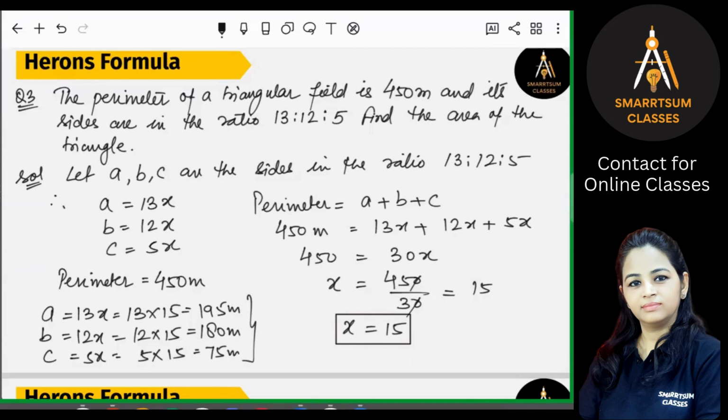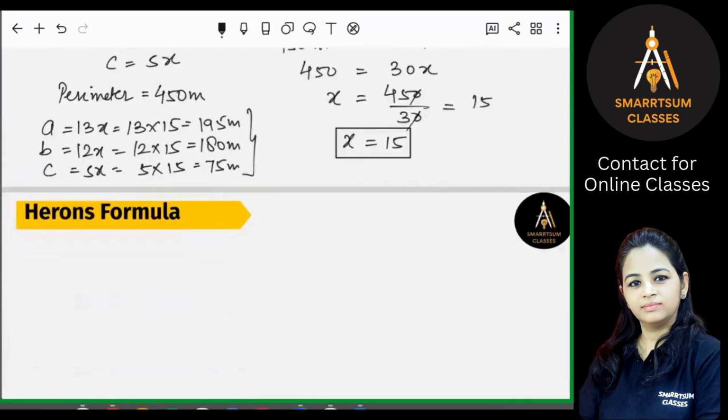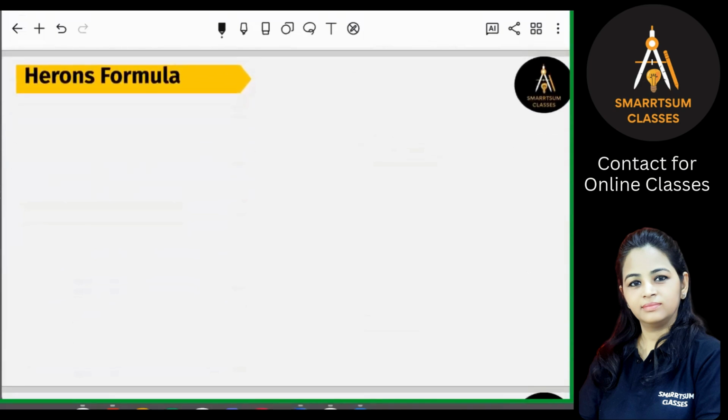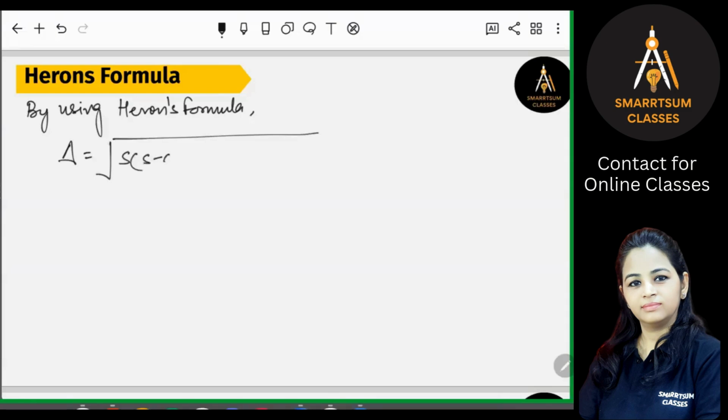Now, since we already know the perimeter and the sides of the triangular field, we can easily find out the area of the triangle by using Heron's formula. So write down, by using Heron's formula, area of the triangular field is equal to the square root of S into S minus A into S minus B into S minus C, where S is half of the perimeter.